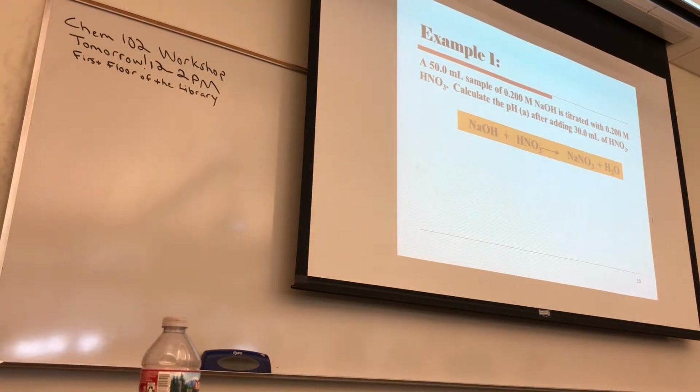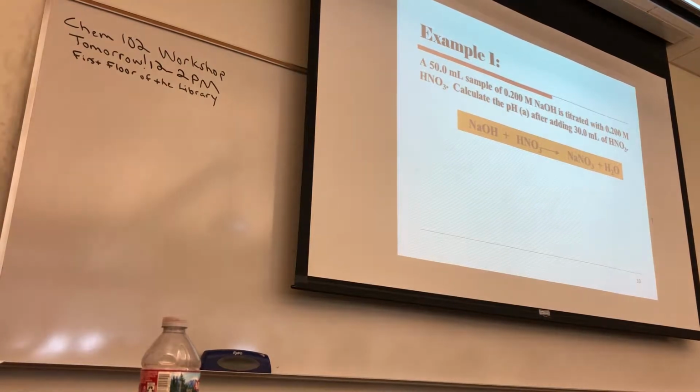Whichever one has more moles, that's what you're going to have left, right? And then you put that in terms of concentration. So I have 50 mL plus 30 mL, a total of 80 mL. So I take whatever is left, I divide it by that. If I have more acid, then I simply put it in the negative log and I find the pH, right? No Henderson-Hasselbalch needed here, because it's strong acid, strong base.